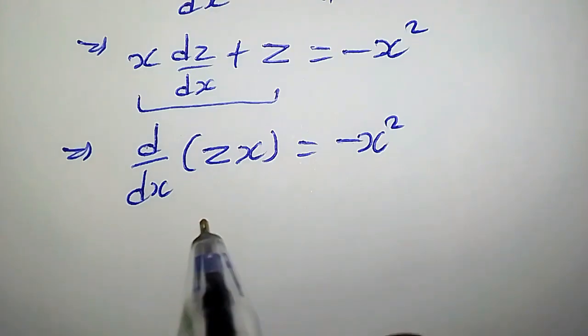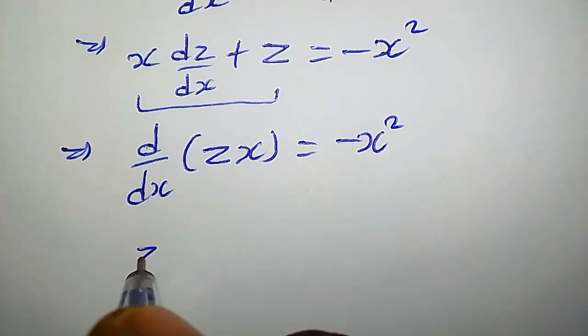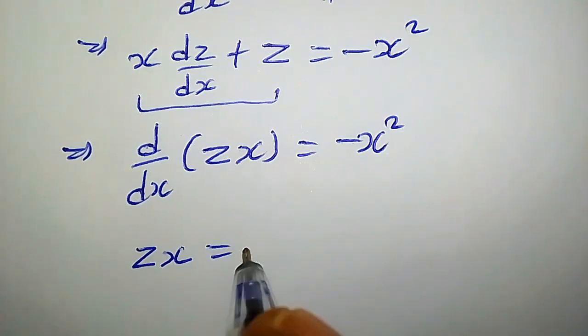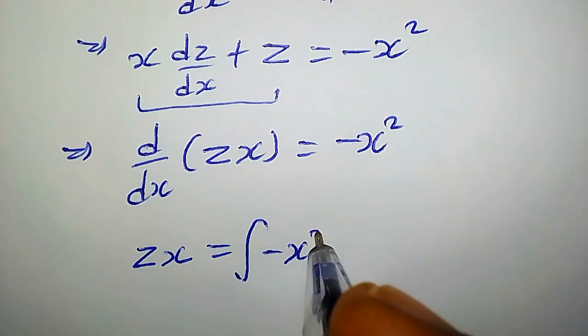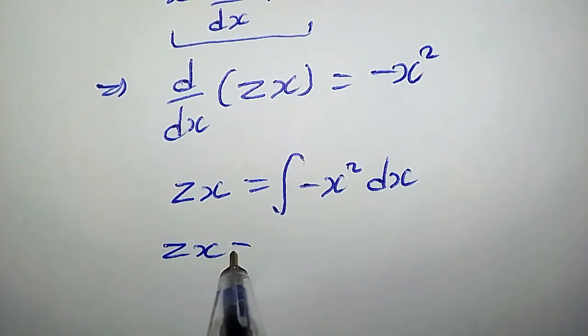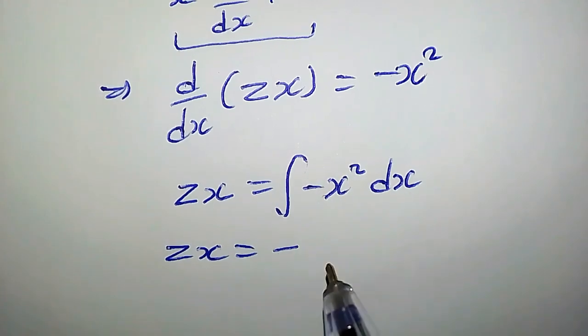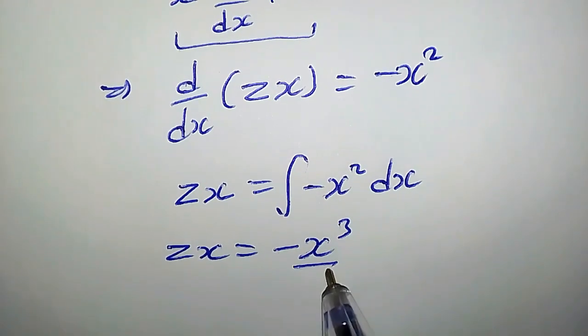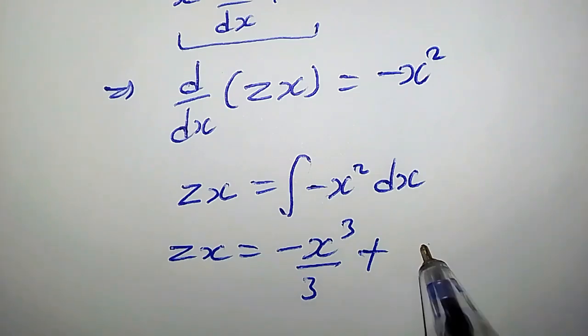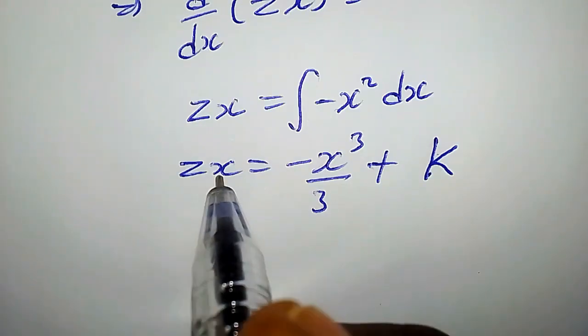Now, let us integrate both sides with respect to x. So zx is equal to the integral of minus x squared with respect to x. We have minus x cubed over 3 plus k, the constant of integration. Let's divide both sides by x.